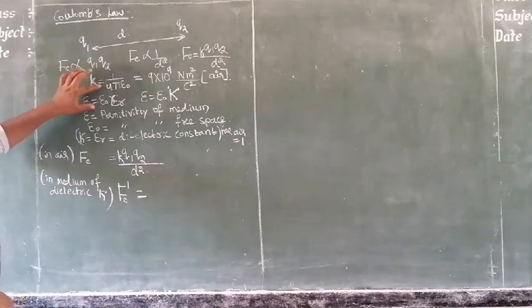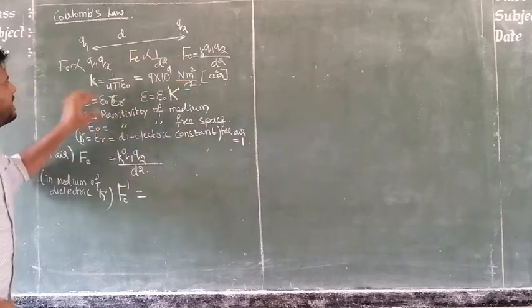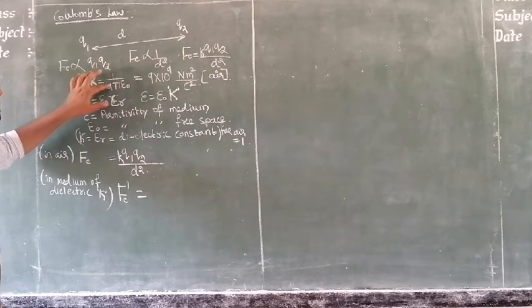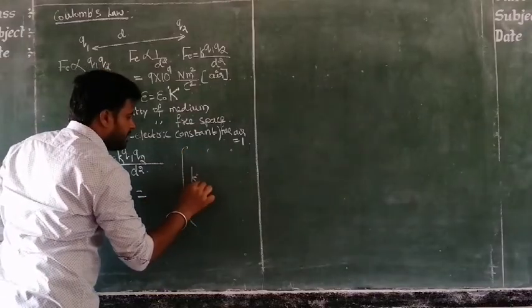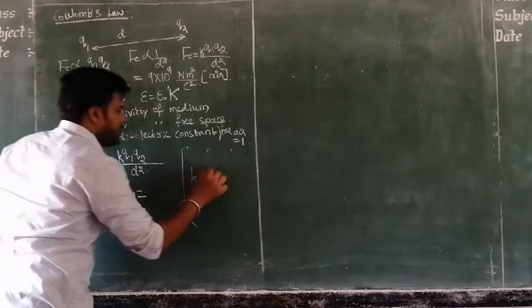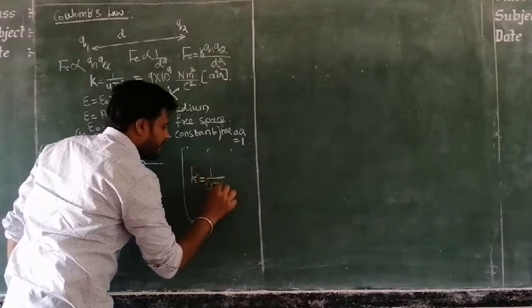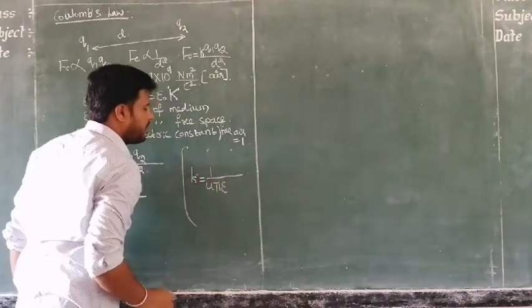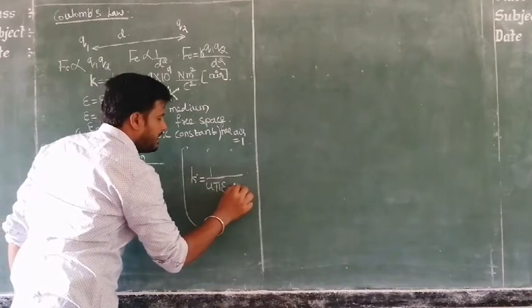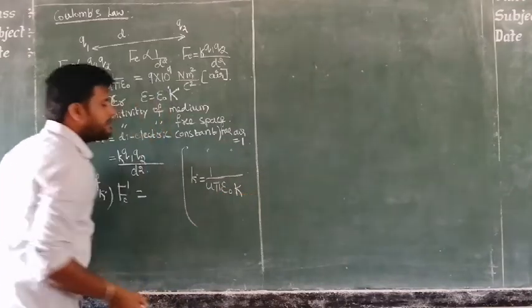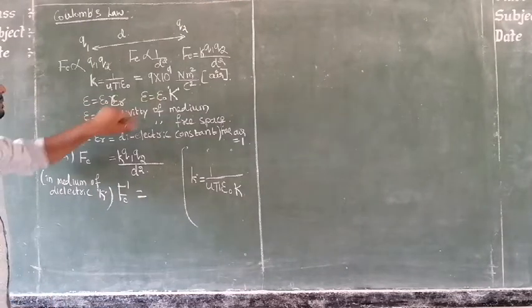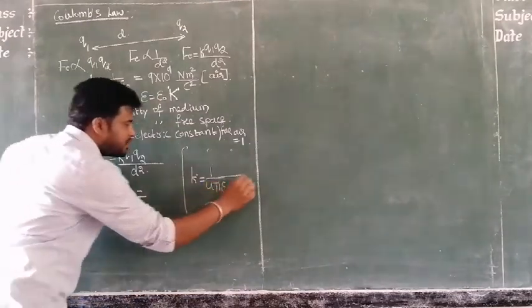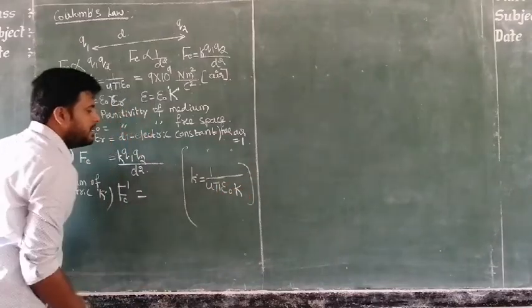Now here, this constant small k, I cannot write directly as 1 by 4 pi epsilon. Remember, small k equals 1 by 4 pi epsilon naught into K or epsilon r. Both are the same. Now, this is not equal to 1 when it is in a medium.